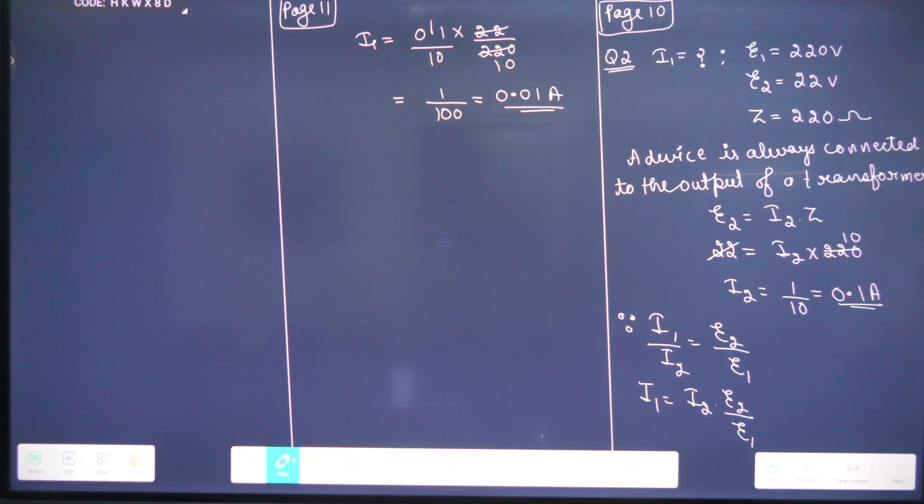You can do these on your own. I'm worried about chapter 2, chapter 3, and ray optics. These three are really very big chapters.